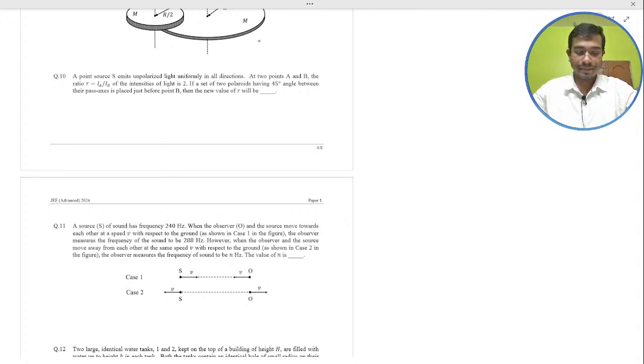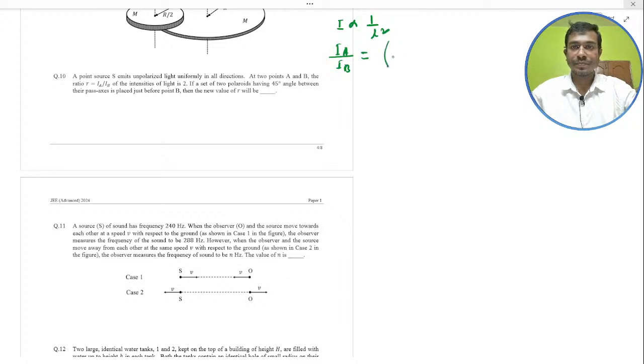It has given that the intensity I is proportional to 1 by R square. So IA by IB, this is nothing but RB by RA whole square. This is equal to 2. So the IB dash would be what? By the Malus law, IB by 2 cos square 45 degree.